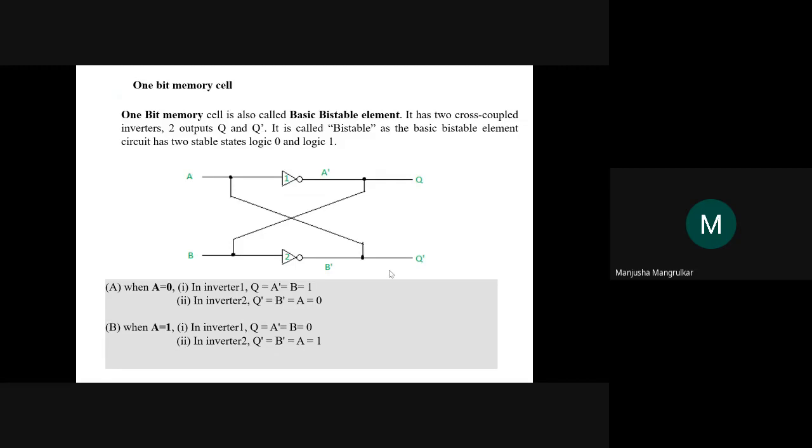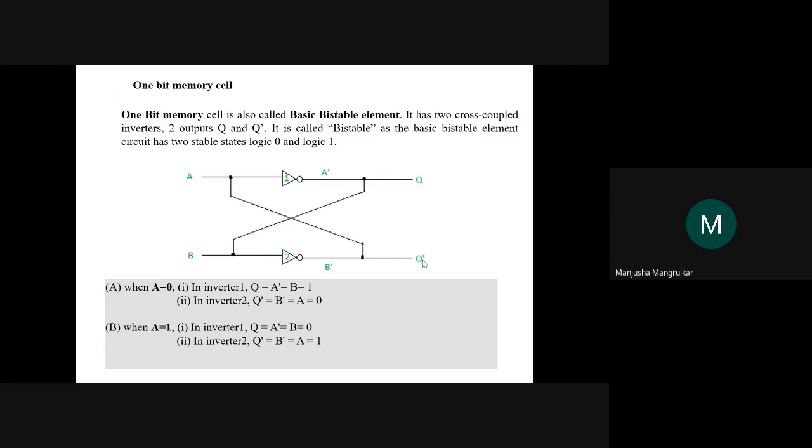So it is a stable state. It gives the output, when A is equal to 0, Q is equal to 1 and Q complement is equal to 0. It is stable throughout. It will not change the output of Q and Q complement; it will remain Q equal to 1 and Q complement equal to 0.